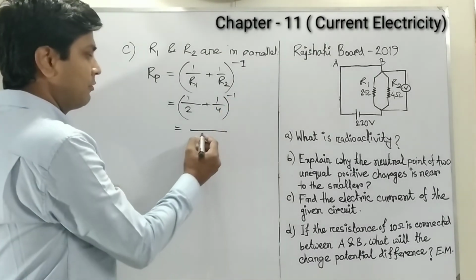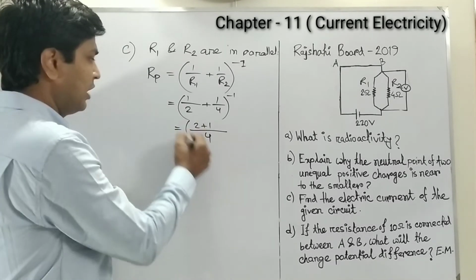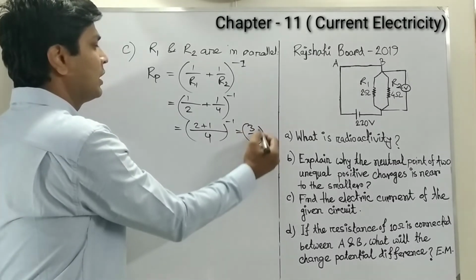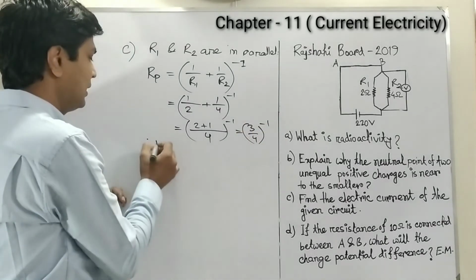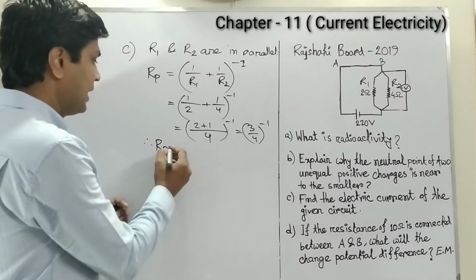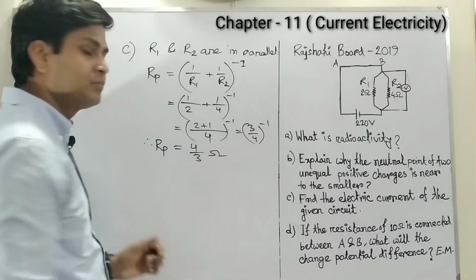LCM of 2 and 4 will be 4. (2 + 1)/4 inverse, that means (3/4) inverse. That is why the equivalent resistance of the two resistances will be Rp equal to 4/3 ohm.